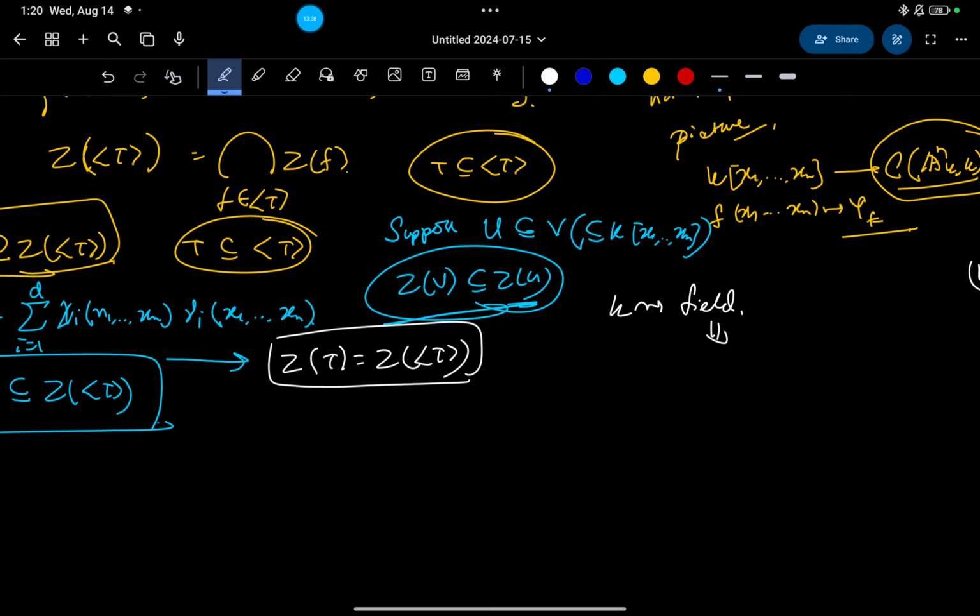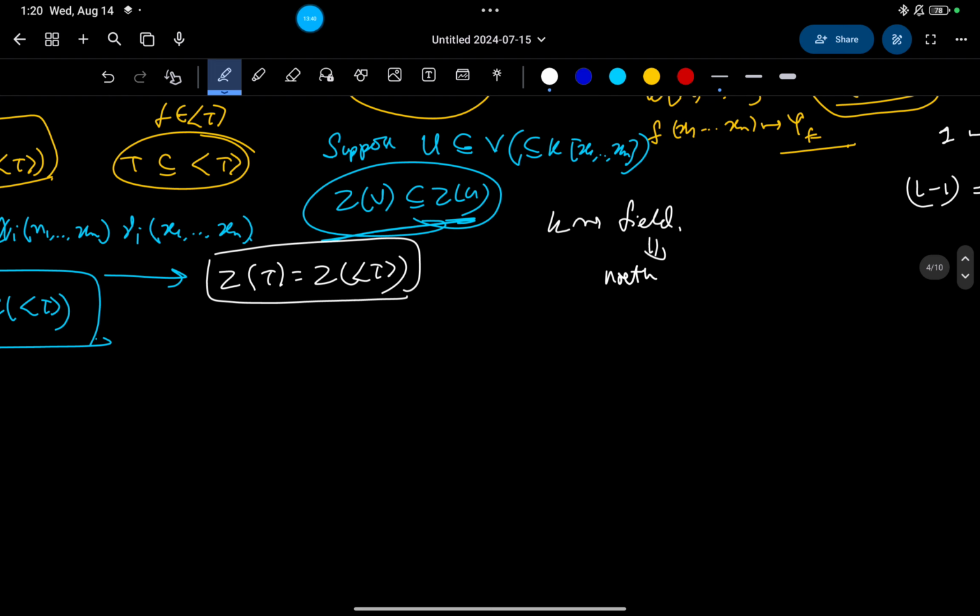K being a field means this is a Noetherian ring, because it has only two ideals, and a Noetherian ring means any ideal is finitely generated. Also, any ascending chain of ideals should stabilize. Here any ascending chain means there are only two ideals, 0 and k itself, so there are finitely many ideals, so of course it should stabilize. That's why I take k to be a field, so it's a Noetherian ring.